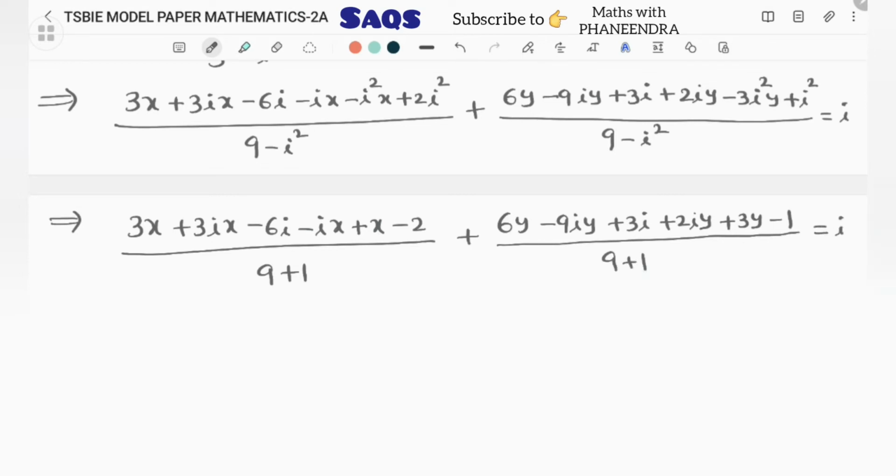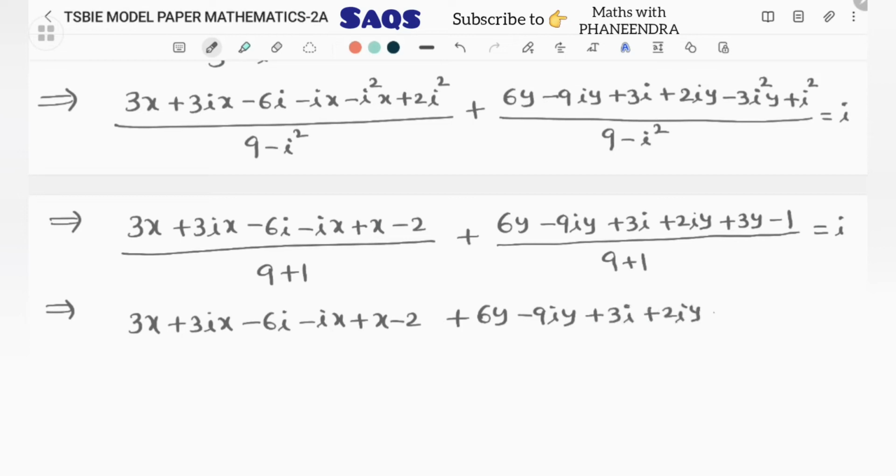In both the terms in LHS, 9 plus 1 is 10. So 10 LCM we can take to this side. So 3x plus 3ix minus 6i minus ix plus x minus 2 plus 6y minus 9iy plus 3i plus 2iy plus 3y minus 1 is equal to 10i.